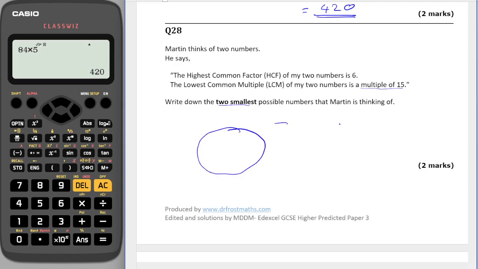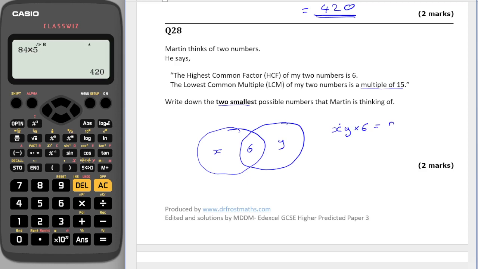So in effect, if I was breaking these numbers down into their prime factors, the intersection, the highest common factor, is 6, and then those 3 parts would need to multiply together to be a multiple of 15.